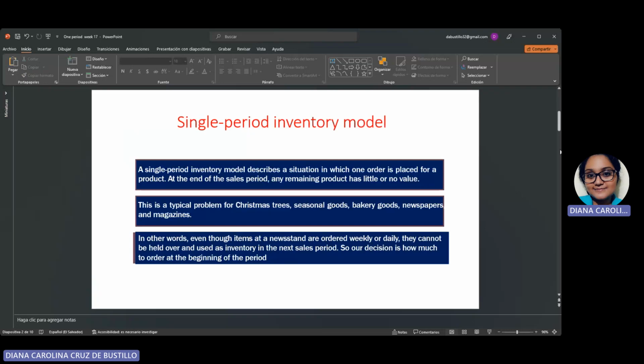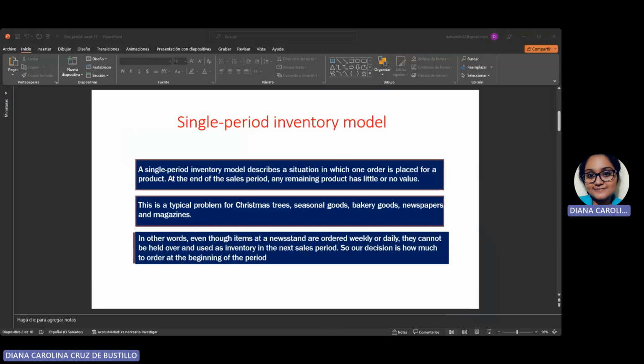Let's say, for example, that you want to know how much you should order for a t-shirt that you are going to use for a football match, and you know that after the match most likely people are not going to want to buy the t-shirt anymore, unlike another type of product, like a kitchen or a sofa, that can be bought at any moment of time.